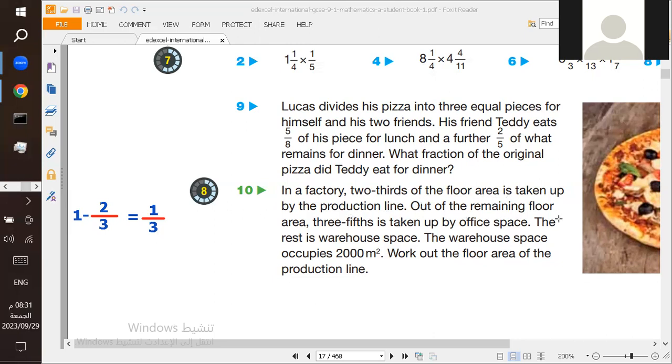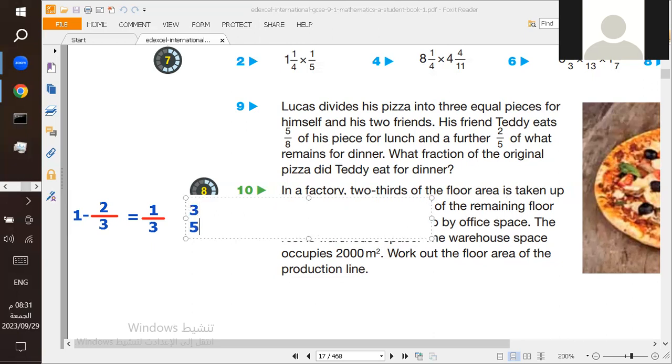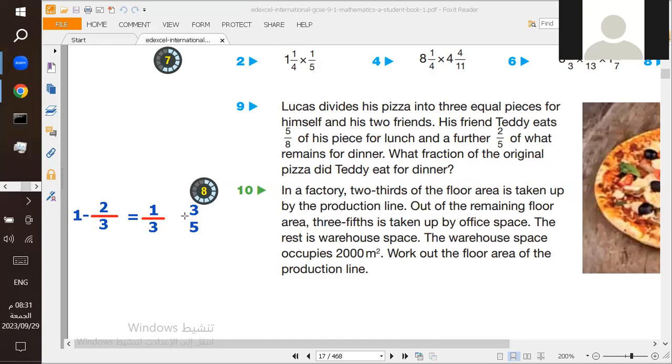Out of the remaining floor area, 3/5. 3/5, it means 3/5. So I'm going to write 3/5. 3/5 is taken up by office space. Okay? By office space. The rest is warehouse space.